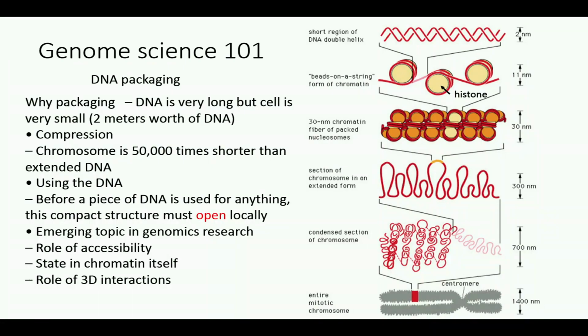But our cells, and our nuclei, are much smaller, in the nanometer range. This phenomenon is called DNA packaging, where our genome information never always exists in this free and open format. It will be compressed in several stages.